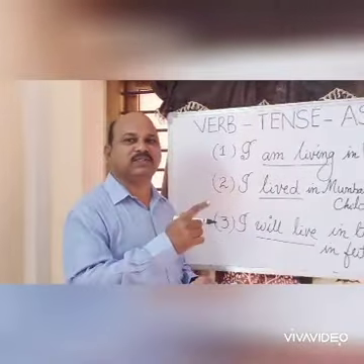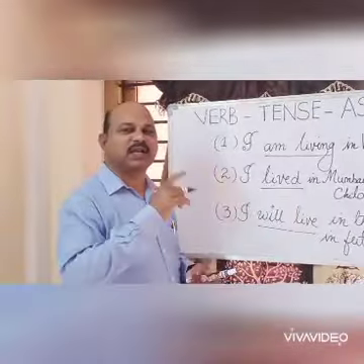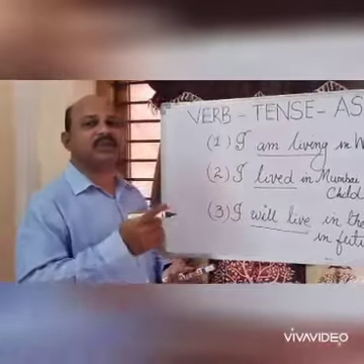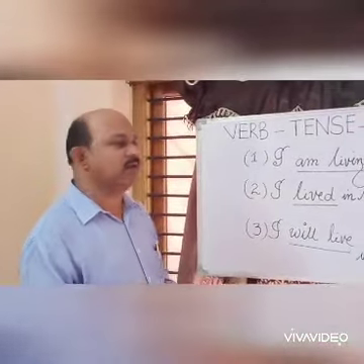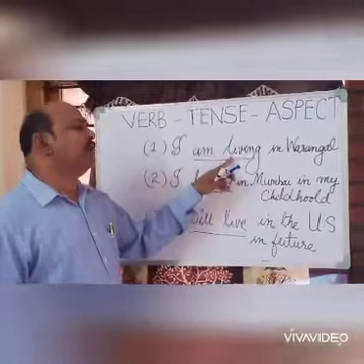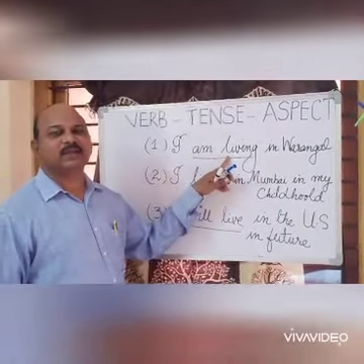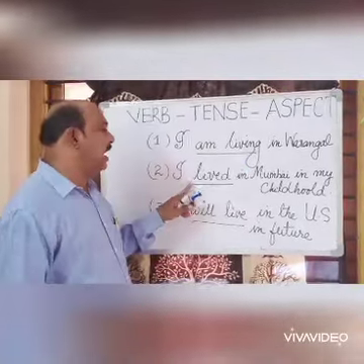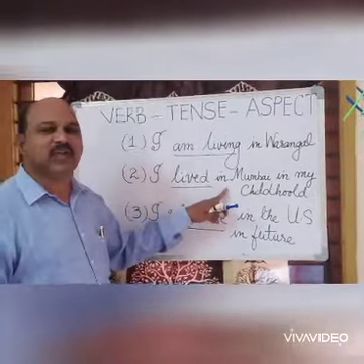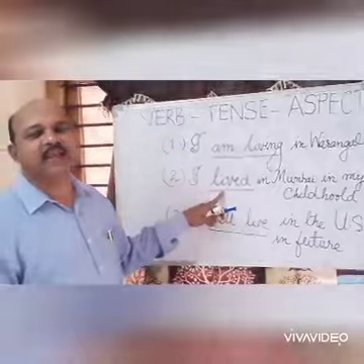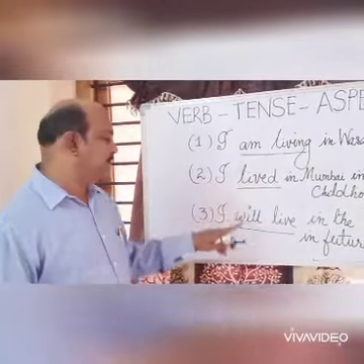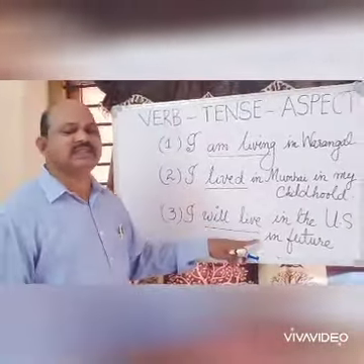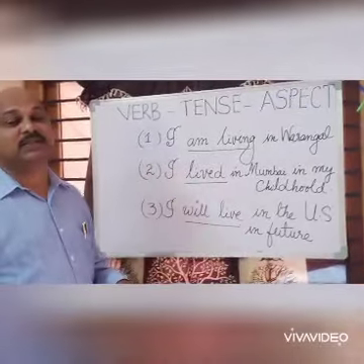First one is the present time. Next, the second one is the past time. The third one is the future time. So here I am living in Warangal indicates the present time. And I lived in Mumbai in my childhood. This lived indicates the past time. I will live in the US in future indicates the future time.